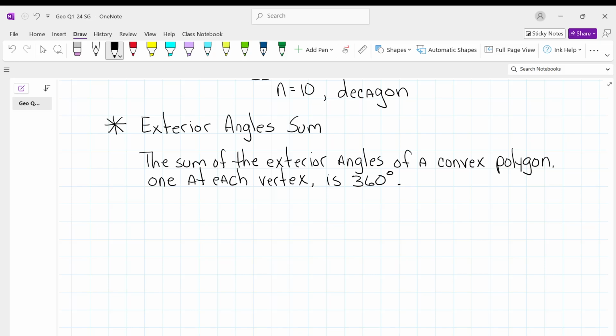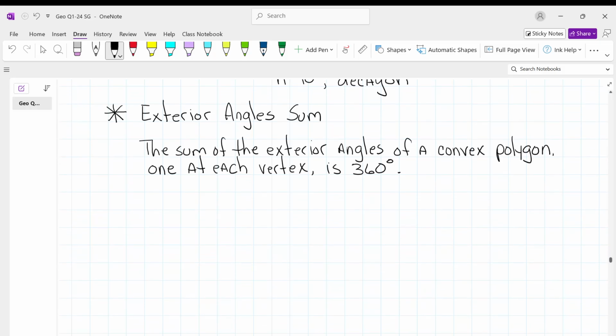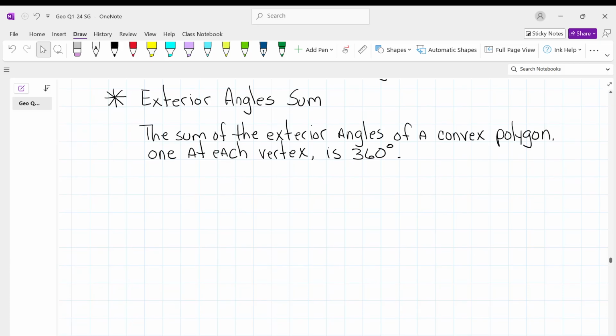It doesn't matter the shape. The sum of the exterior angles of a polygon, always 360. Doesn't matter how many sides it has. So if we take a triangle, all right, we've got one exterior angle at each vertex.